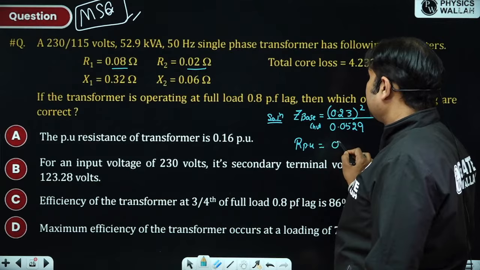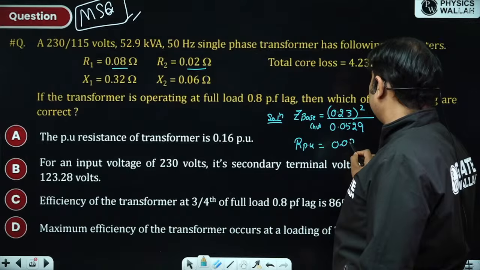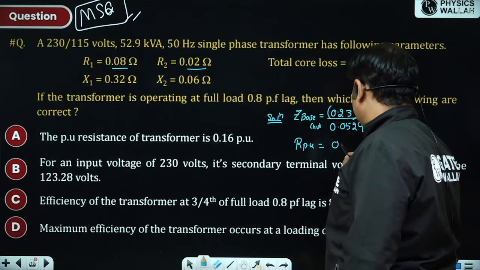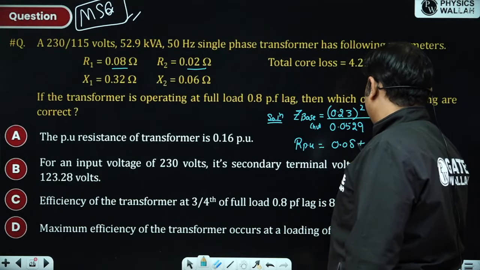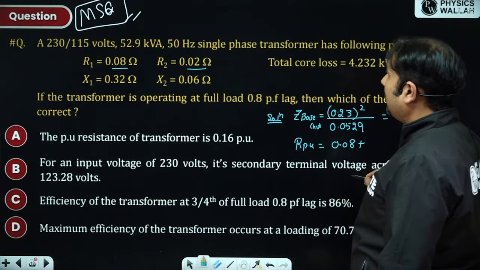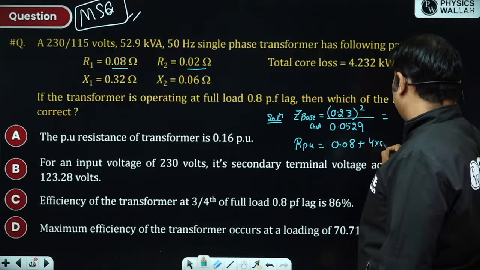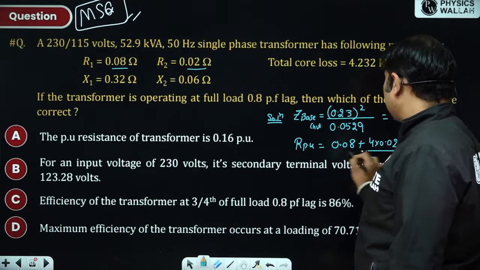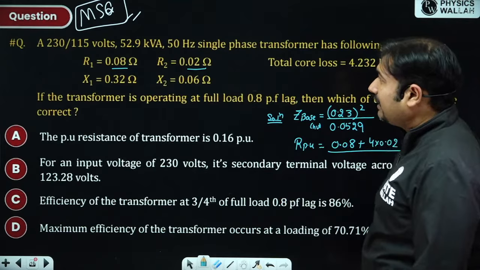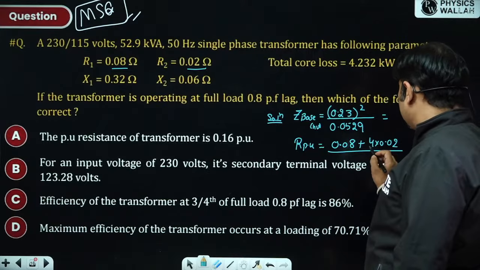R per unit is R1, 0.08, plus R2 on the HV side, which becomes 4 times 0.04, because a is 230 by 115, that is equal to 2, so the square of 2 is 4.